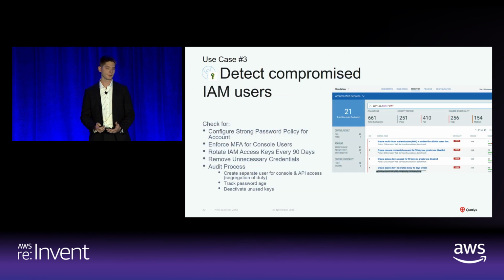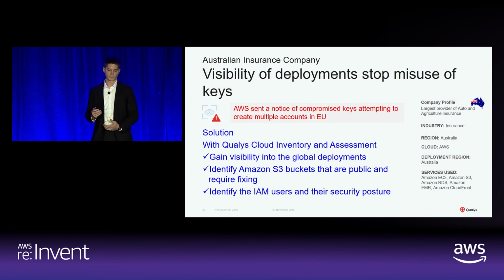The third thing they needed to do was detect compromised IAM users. In doing this, they needed to check for quite a few different things, like rotation of keys, and make sure that keys were not being used in the wrong places. So to wrap this all together, what they really needed was visibility of the deployments and to stop the misuse of the keys.